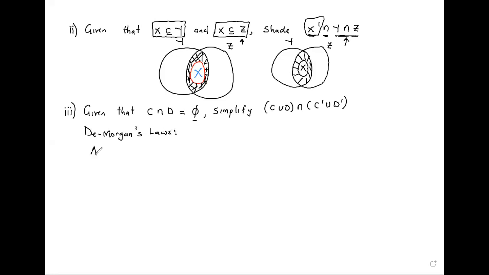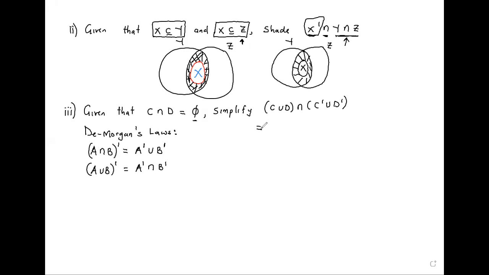He said that if you have A intersection B, the complement outside, you can as well choose to go by A complement union B complement. The same guy actually said, if you have A union B complement, you can as well go for A complement intersection B complement.